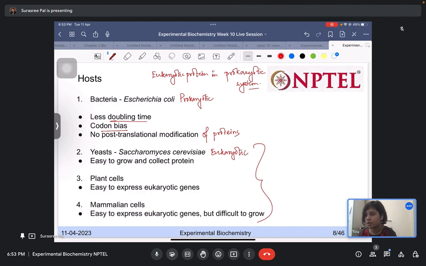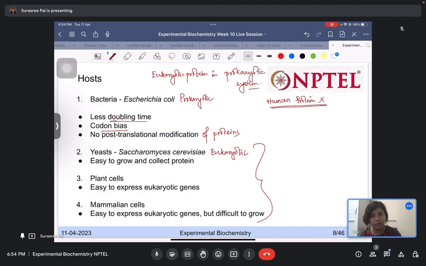If I just elaborate on that, suppose we have a human protein X, and we do not know the function of this protein and we want to characterize it.